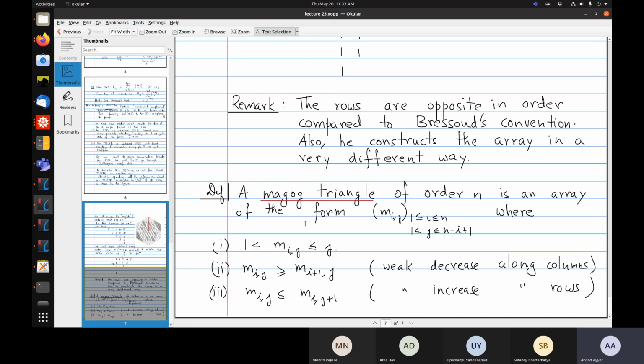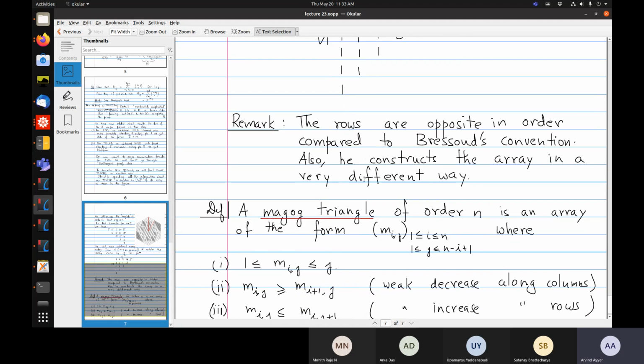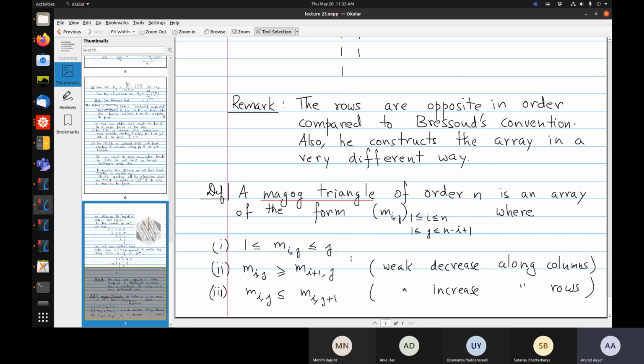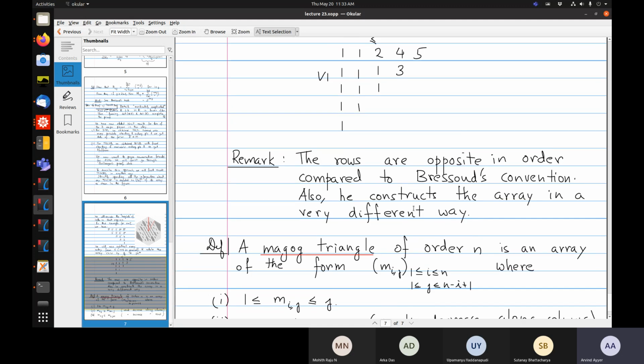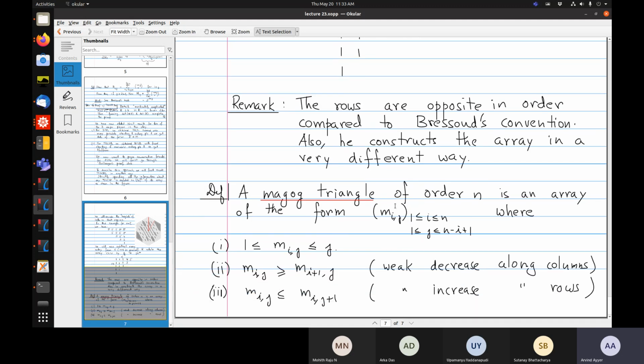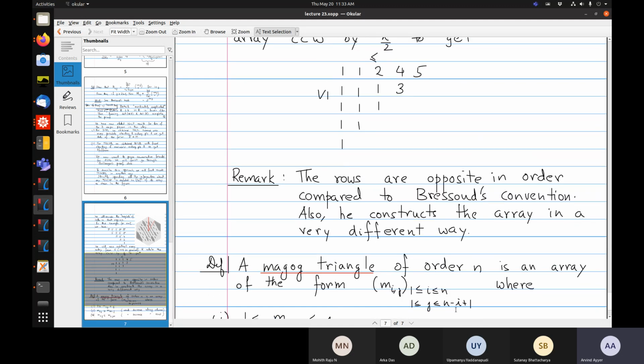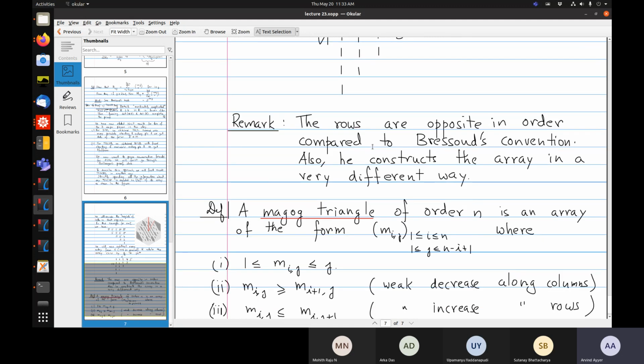And I claimed that these triangular arrays satisfy the following conditions. In the ith row there are n-i+1 entries, and they are arranged in this way.